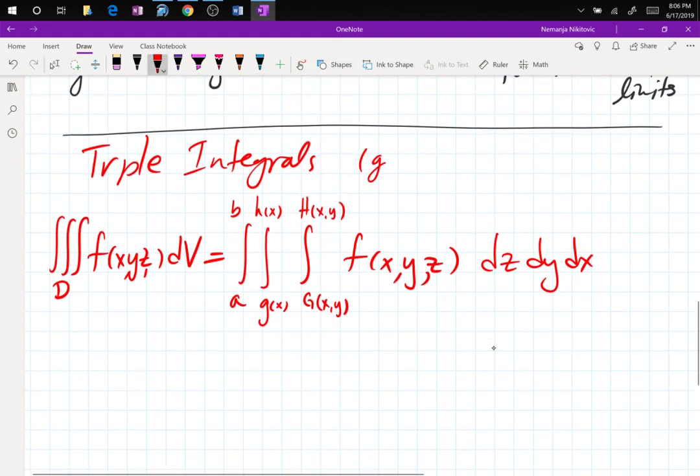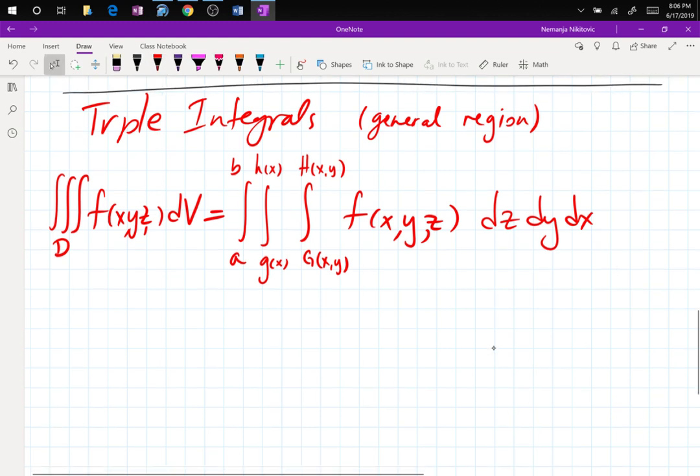Now this is a general region. So what I'm going to do is, it's like a Band-Aid.